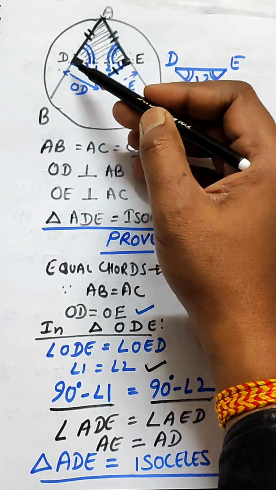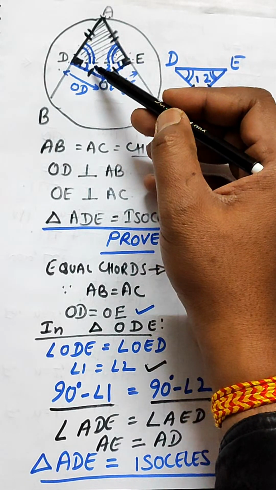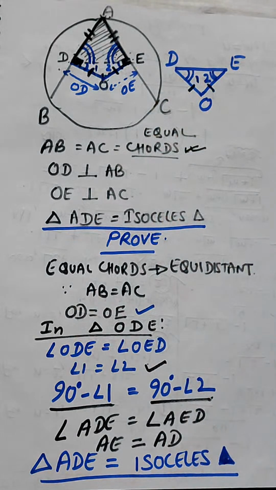So we can say that angle ADE is equal to angle AED, which are the angles opposite to the equal sides. If these angles are equal, then the sides corresponding to these angles are also equal, isn't it?